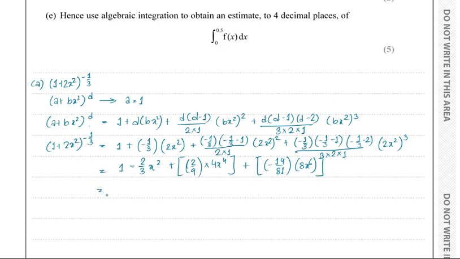And the next line would be that (1 + 2x²)^(-1/3) comes out to be 1 - 2/3 x² + 8/9 x⁴ - 112/81 x⁶. And that is it for part A.